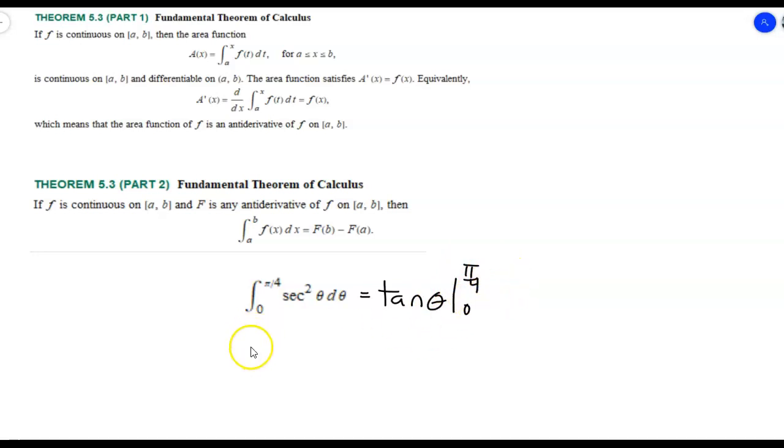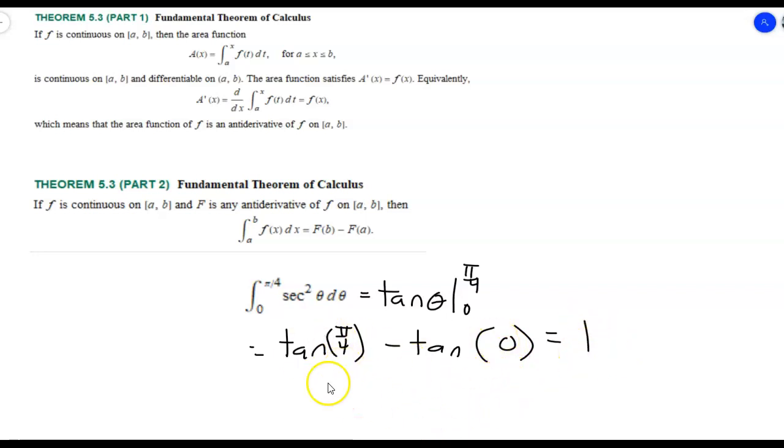That's going to be equal to the tangent of pi over 4 minus the tangent of 0, right? Well, the tangent of pi over 4 is the same thing as the sine of pi over 4 over the cosine of pi over 4, which is root 2 over 2 divided by root 2 over 2, which is just 1. And then the tangent of 0 is the sine of 0 over the cosine of 0, which is just 0. So I get an answer of positive 1.